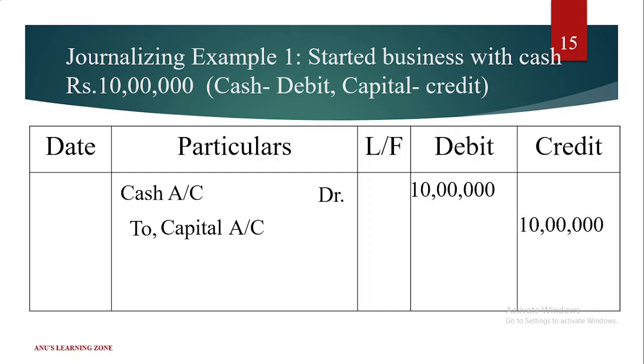And as narration, we write the same thing mentioned in the transaction: started business with cash. Finish. So this is the process by which we record a transaction in the book of journal.